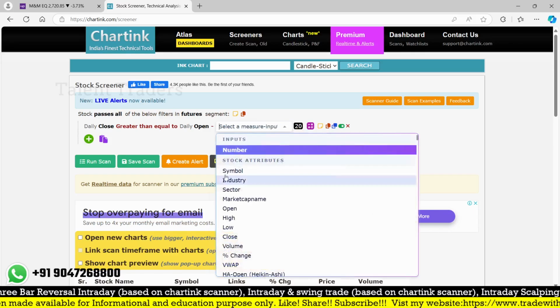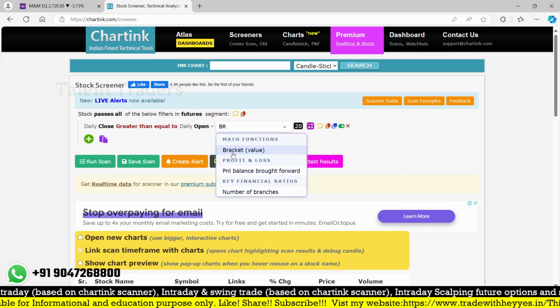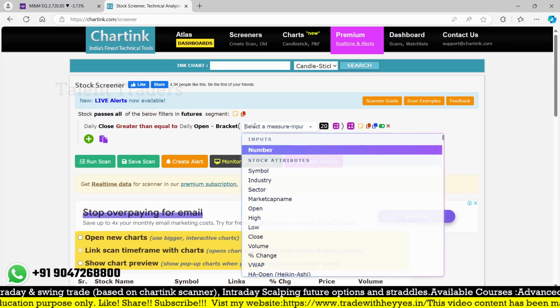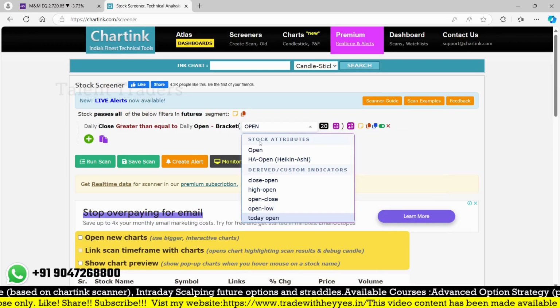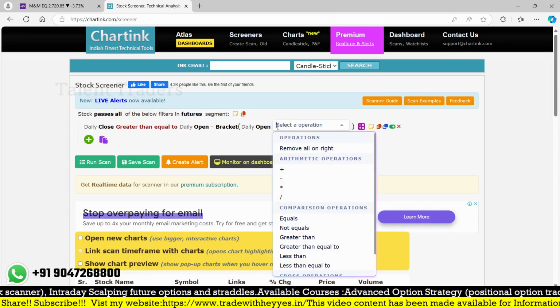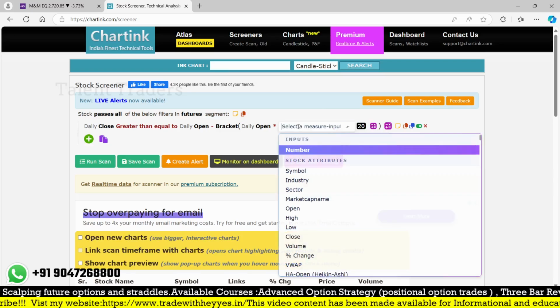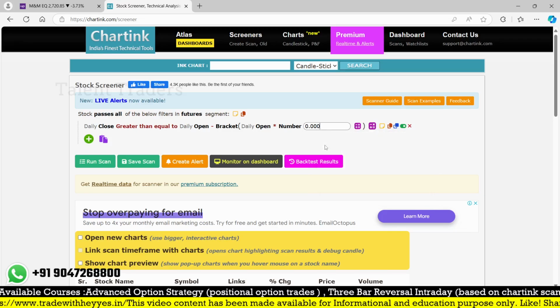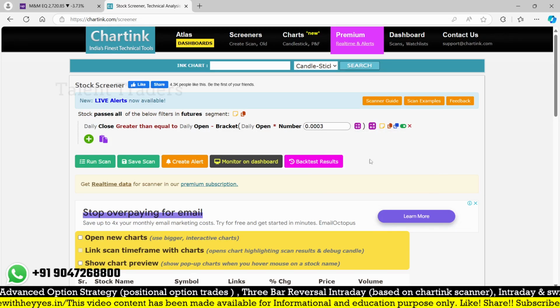And for open, I'm adding minus, and I'll add a bracket value, and then I add the opening price of today on the same day, and I'm going to multiply the open price by a very small number, for example 0.003. What does it say?